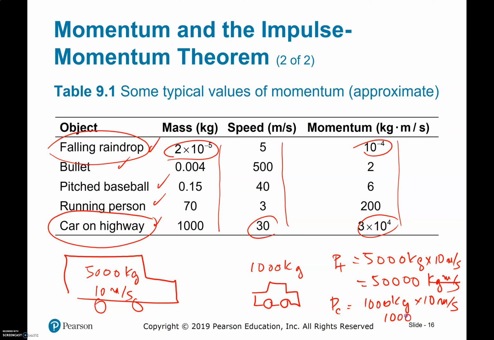That's 10,000 kilogram meters per second. So one way to think about this is that the truck has a momentum that is 5 times higher than the car. Or, if the truck hits something, it's going to make 5 times the damage that the car is going to make.